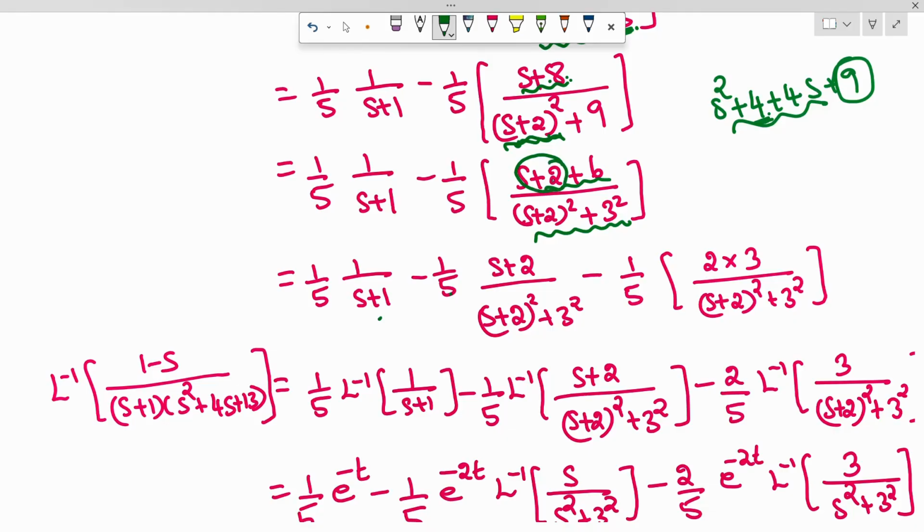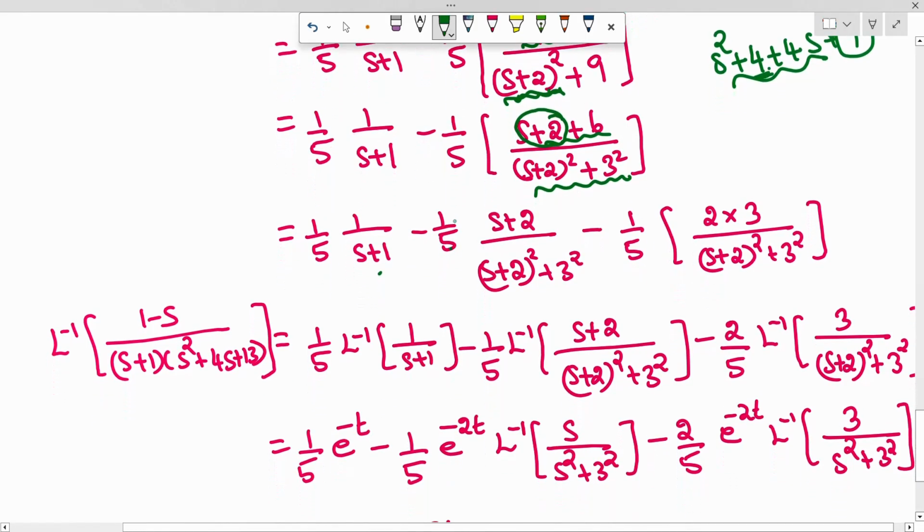The first term is (s plus 2) by (s plus 2) whole square plus 3 square. The second term is minus 1 by 5, which is also common for both, into 6, and the 6 can be written as 2 into 3, divided by (s plus 2) whole square plus 3 square.